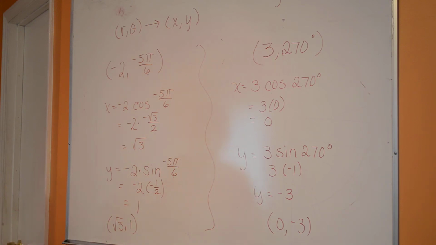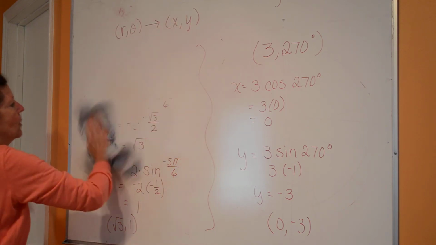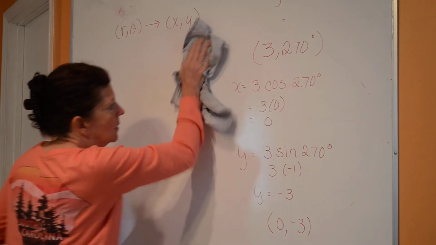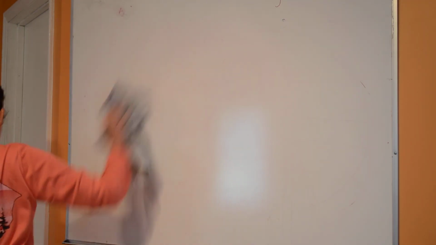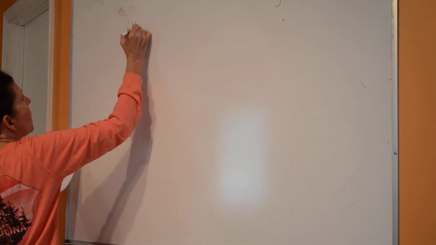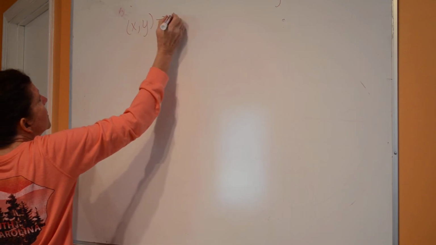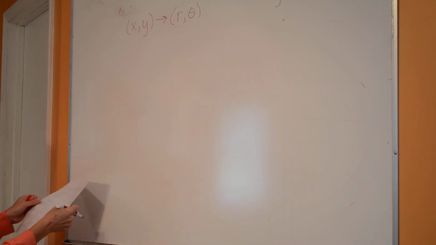All right, let's do the other way, we're going to just reverse this, from rectangular to polar. So we're going to go from x, y to our r, theta, rectangular to polar.